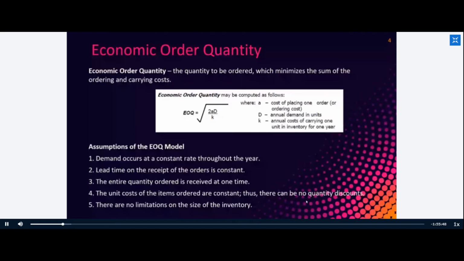That take is your quantity discount. But in EOQ, we're saying that it's not allowed. Number five, there are no limitations on the size of the inventory. Later on, we'll discuss that.